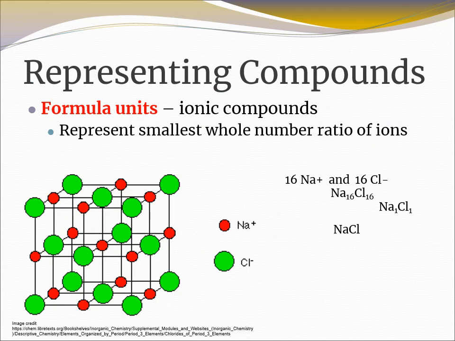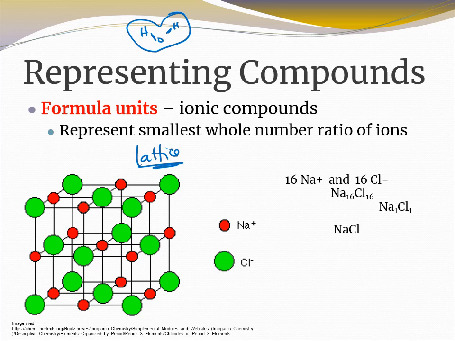Now, ionic compounds, where we are transferring electrons, are different. They don't really make molecules. So in that water, we had the H and the O and the H, and this made one complete water molecule. With our ionic compounds, we don't really have molecules. Instead, we have what we call a lattice structure.